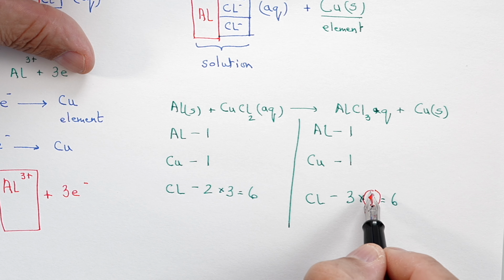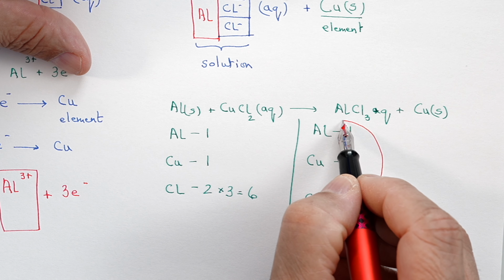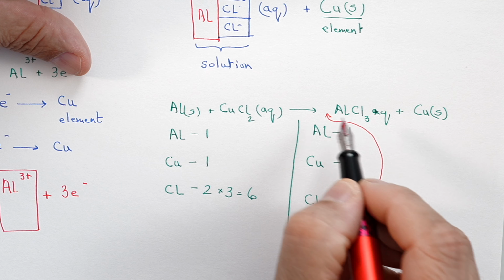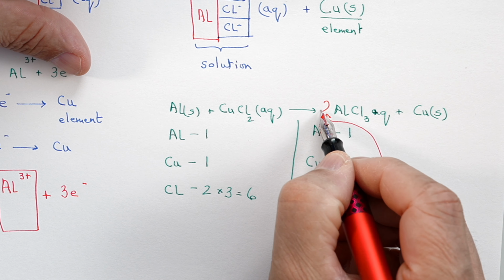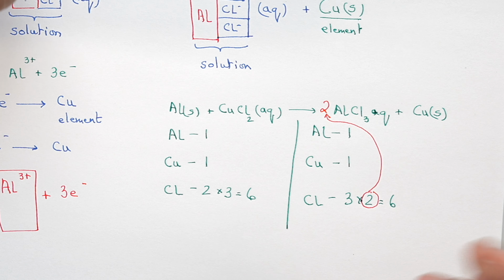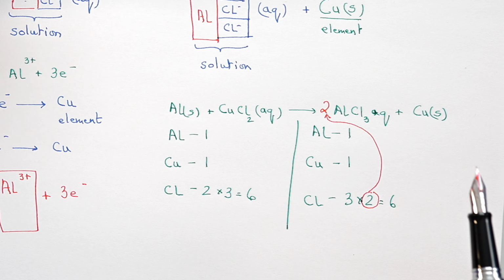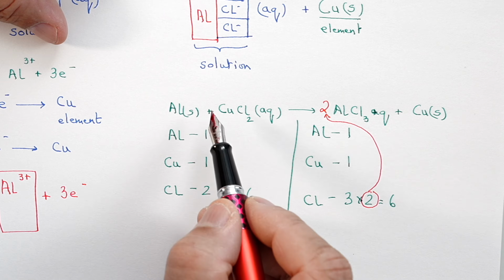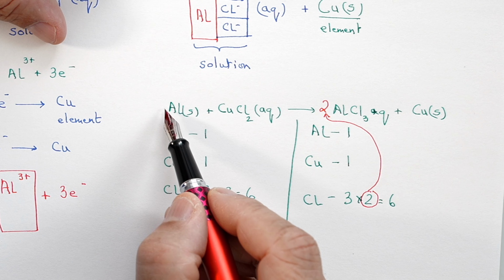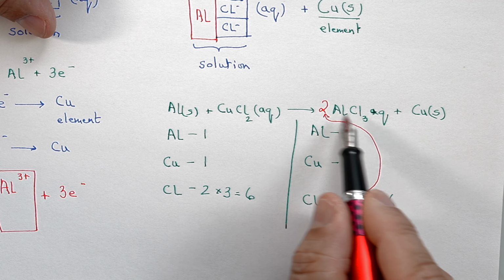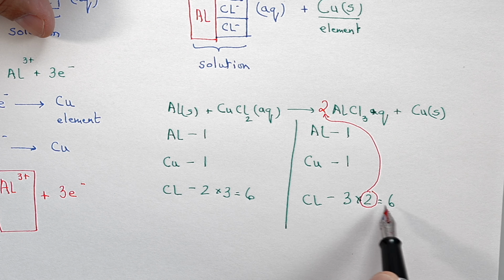That 2 is going to need to make its way in front of this compound, and that is called a coefficient. If there is no number written in front, it means it is 1. So there's a 1 here, there's a 1 here, and there's a 1 here right now. So we just popped a 2 on here because 3 times 2 is 6.